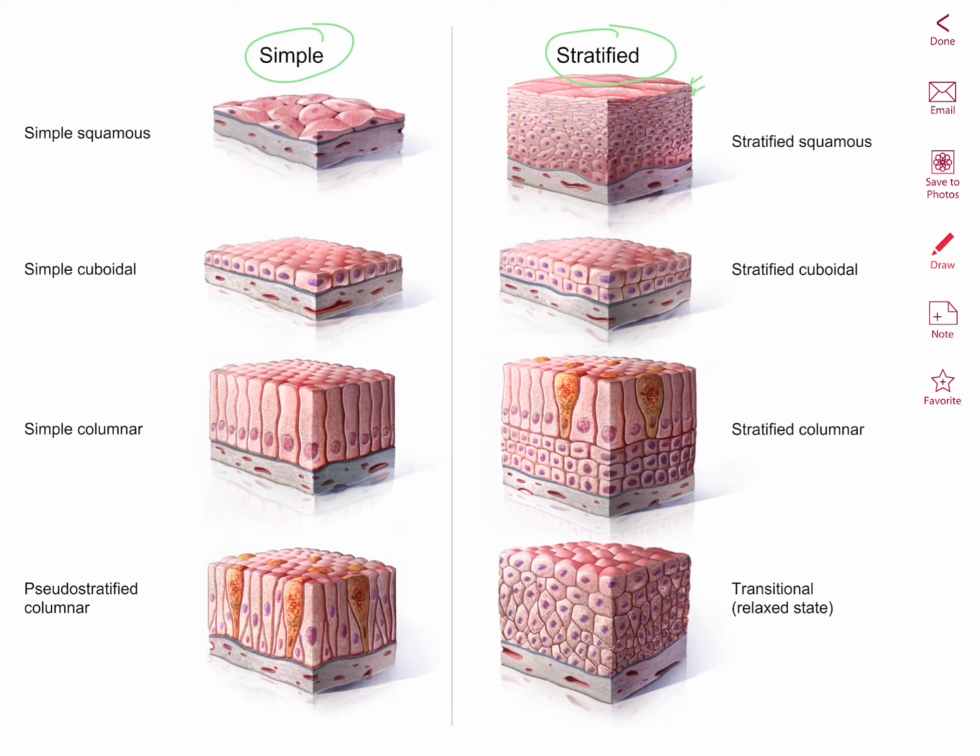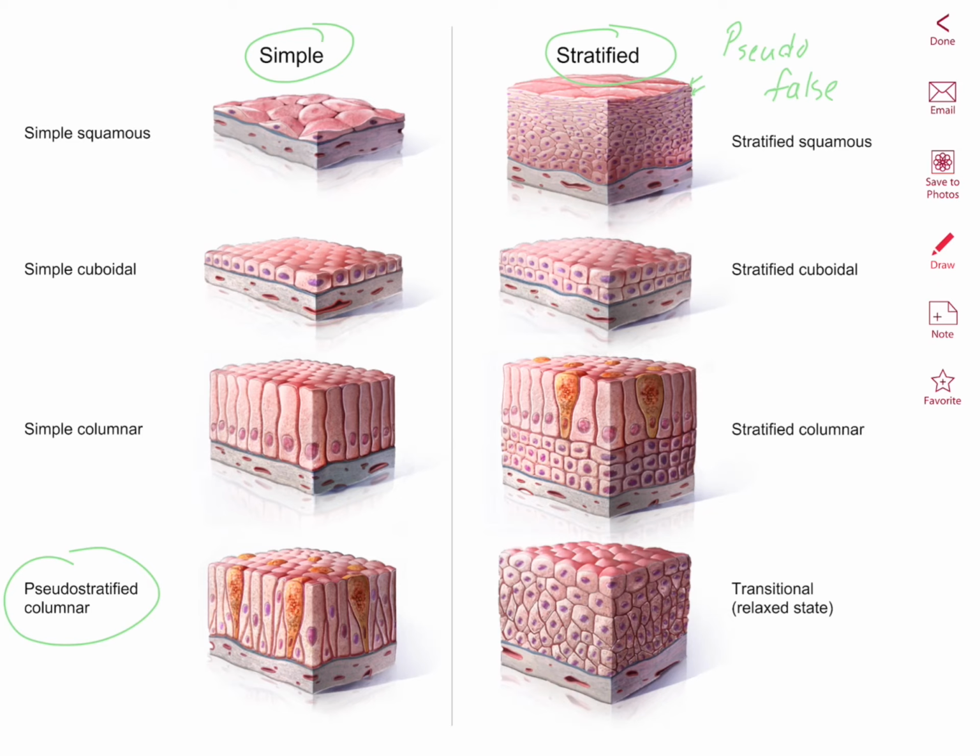There's also an additional arrangement of layer called the pseudostratified. Pseudo means false. So it tends to look like there is more than one layer, but in reality it's just one layer, right?